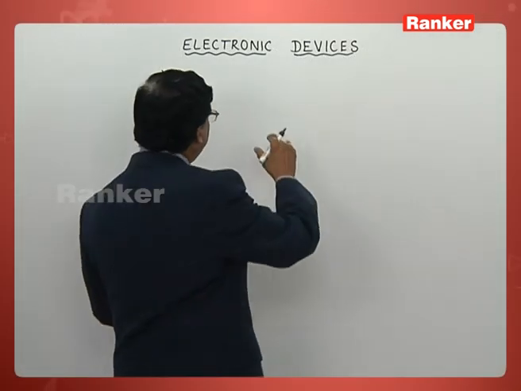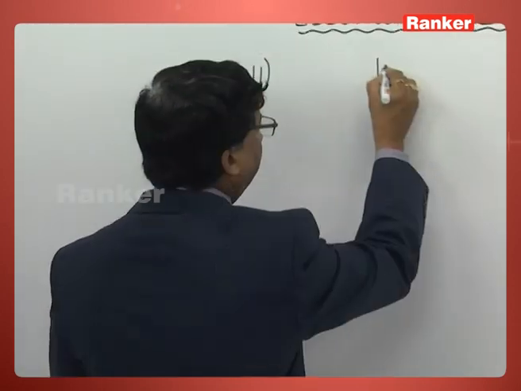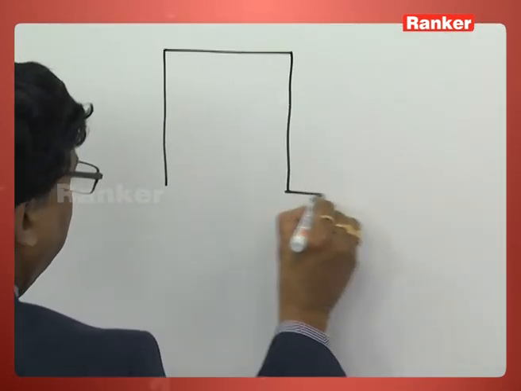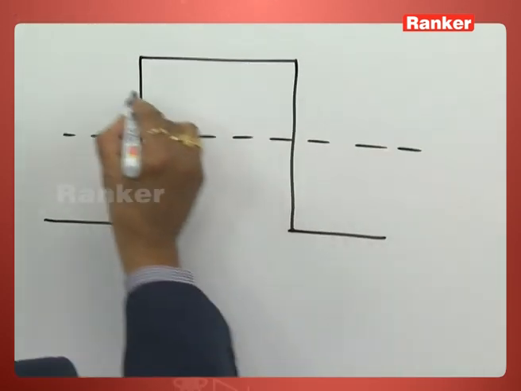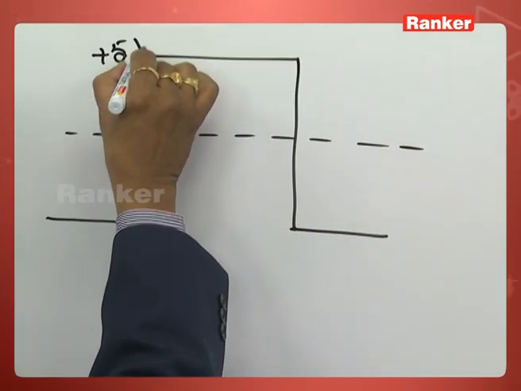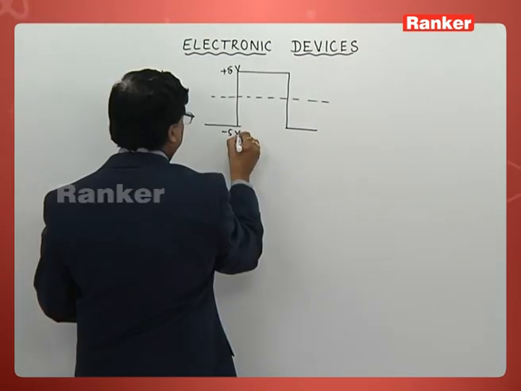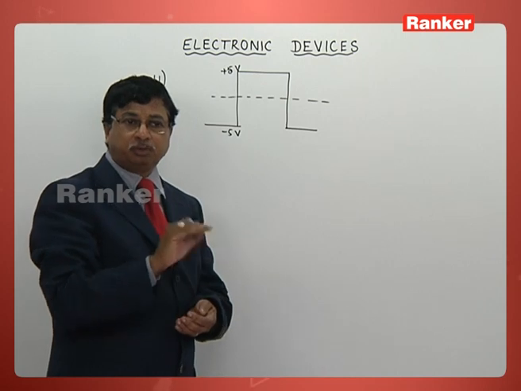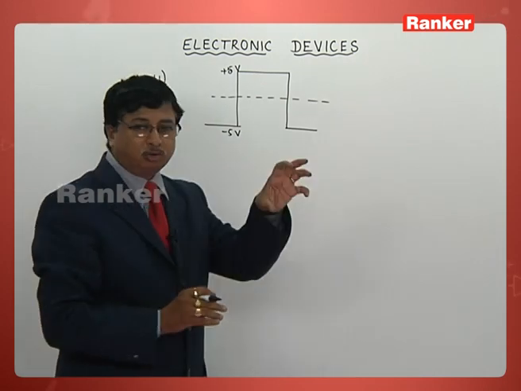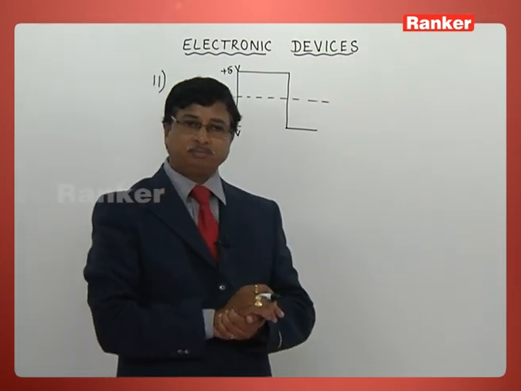So, what exactly is the input signal he has given? I will show you that one. He has given this one like this. This is plus 5 volt and this is minus 5 volt. That is the input signal which has been fed to that PN junction diode.